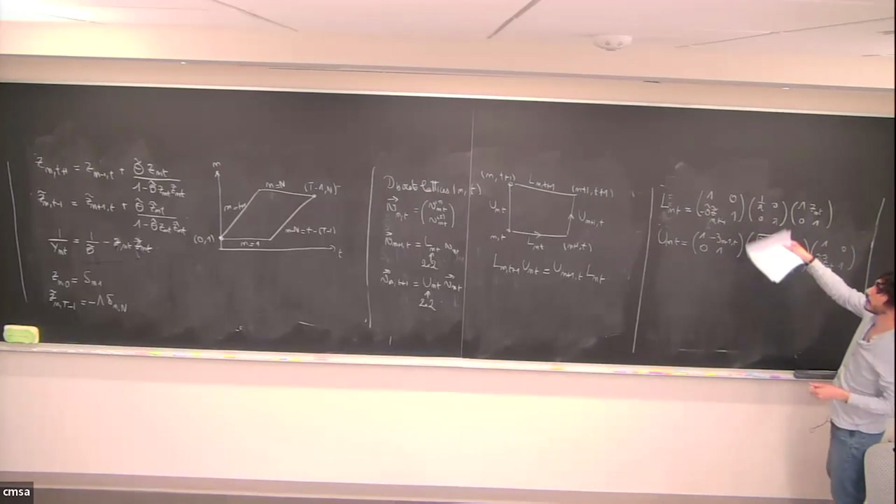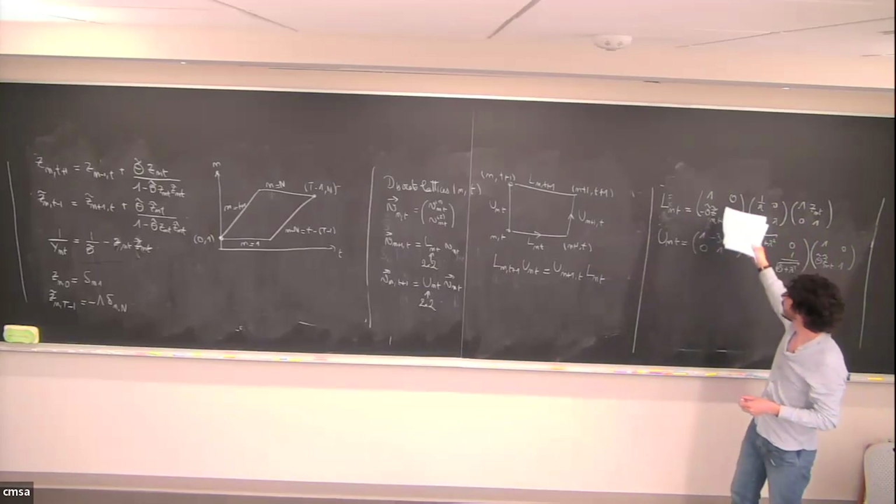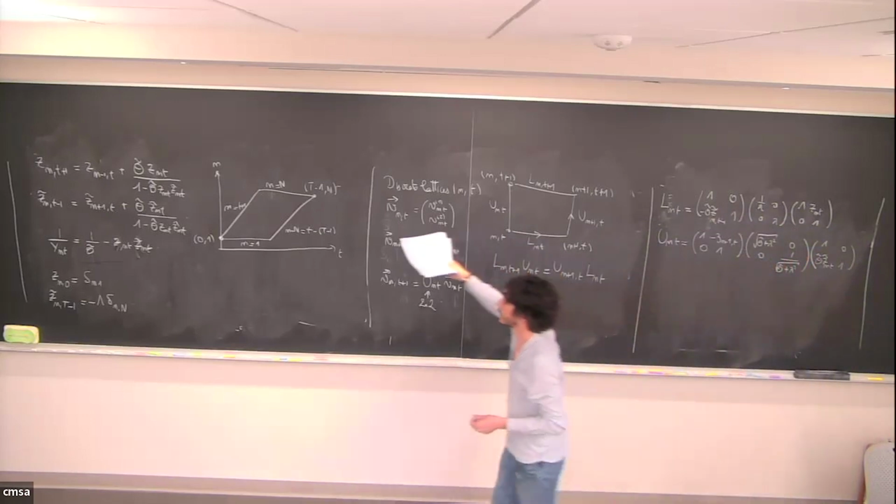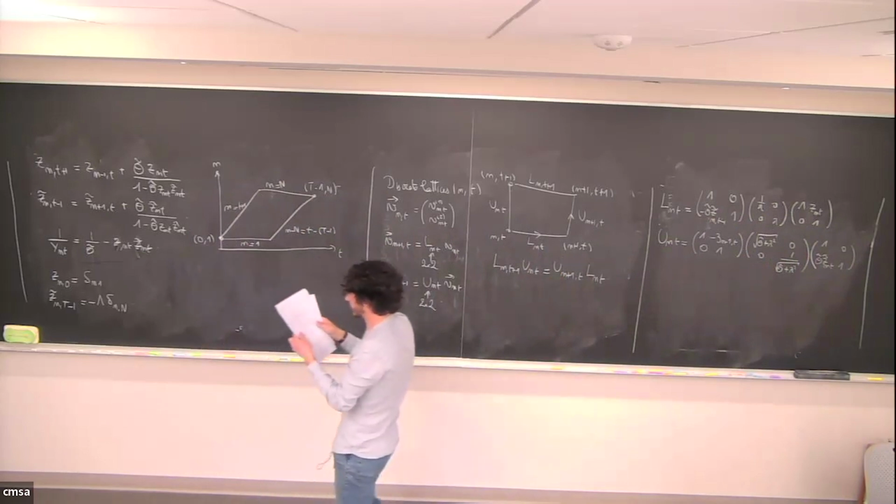So you can actually compute explicitly this equation introducing the equations I've just given you, and you'll see that this equation is verified if and only if this system is verified.